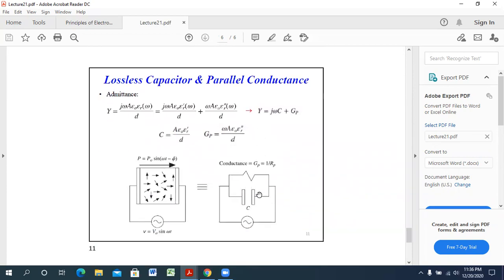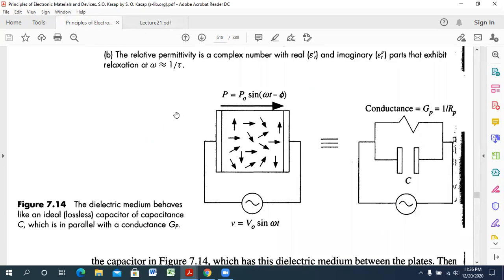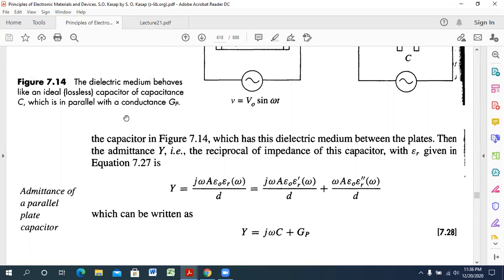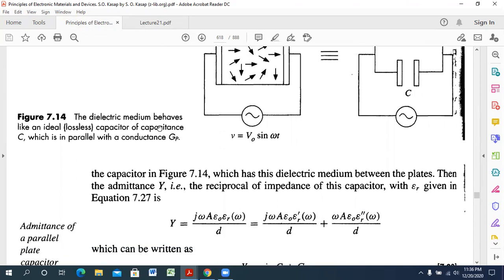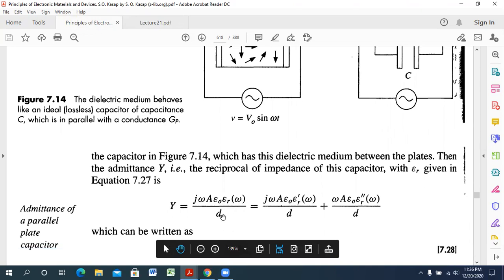Okay. Now the next one is the lossless capacitor with the parallel conductance. Here we put the equivalence of this conductance: Gp equals 1 divided by Rp, right? We can write this conductance in terms of the imaginary part, j omega epsilon naught epsilon r divided by d.